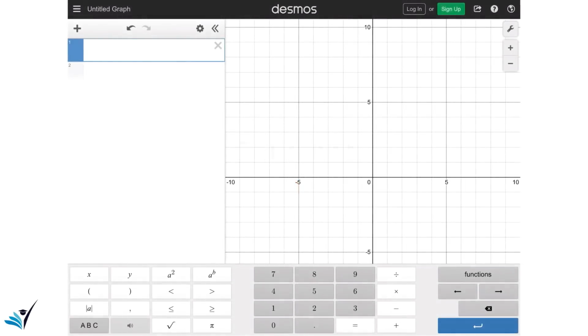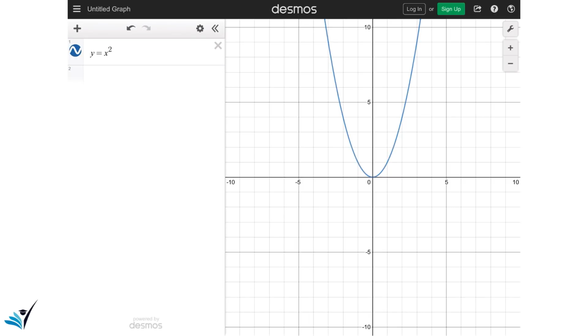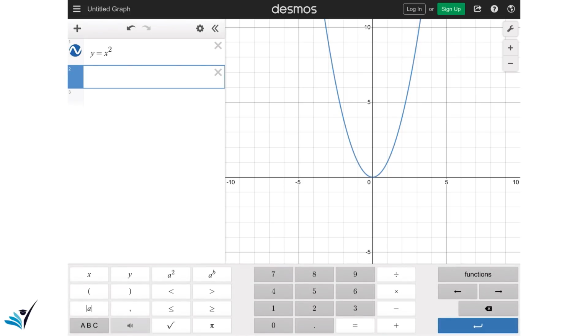The first example is y is equal to x squared. In this expression, a is 1, b and c are 0, and as you see, the shape of the parabola is upward. For our second example, let's change a from 1 to negative 1.